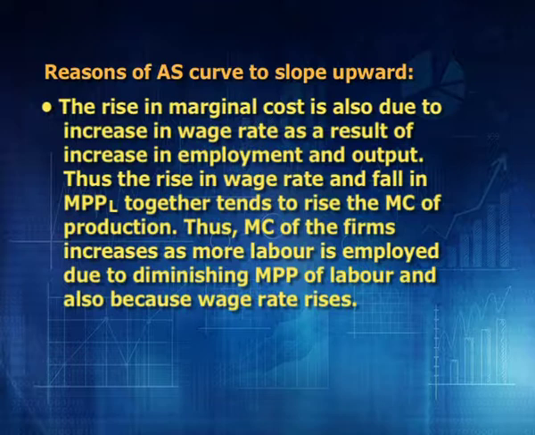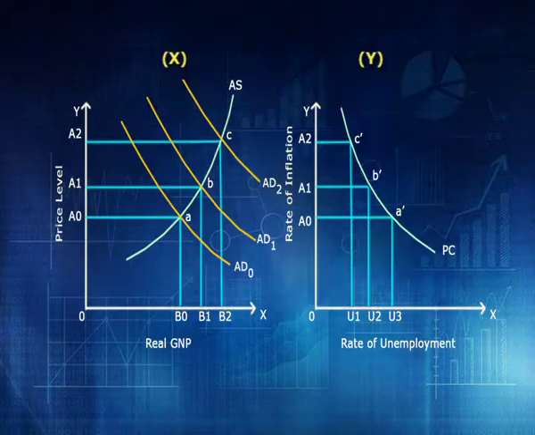Thus, the rise in wage rate and fall in MPPL together tend to raise the marginal cost of production. Thus, the marginal cost of firms increases as more labor is employed, due to the diminishing MPP of labor and also because the wage rate rises.